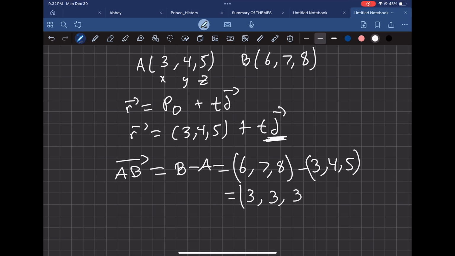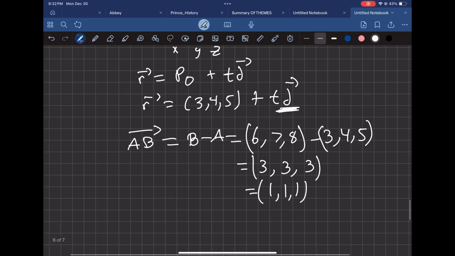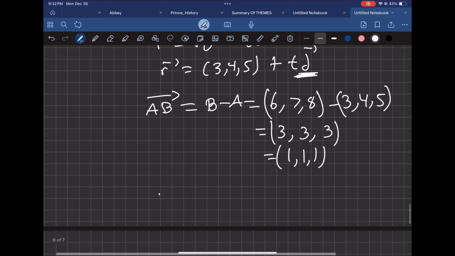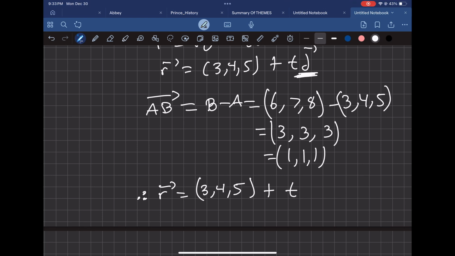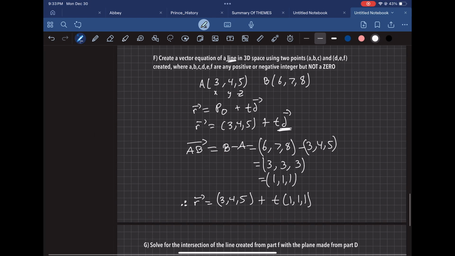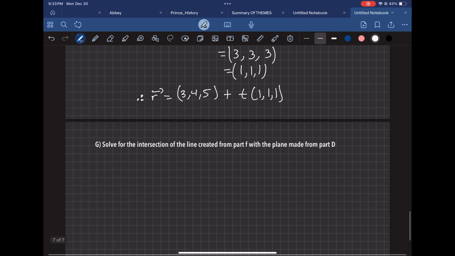And this can be simplified to just 1, 1, 1. So our finished vector equation for such a line would be 3, 4, 5 plus t 1, 1, 1. So that was the finished vector equation for a line in 3D space.